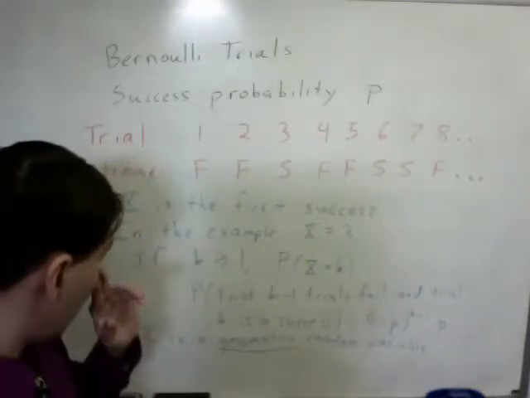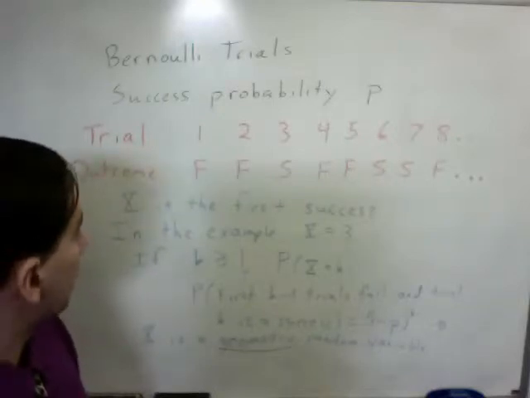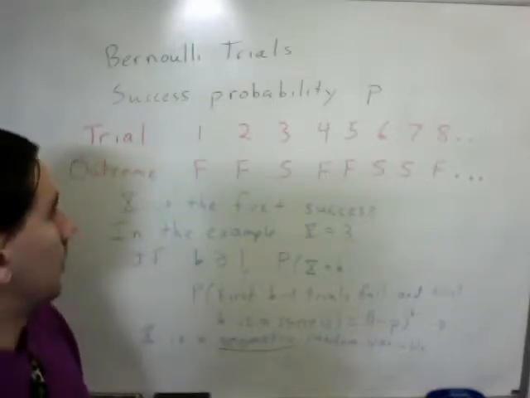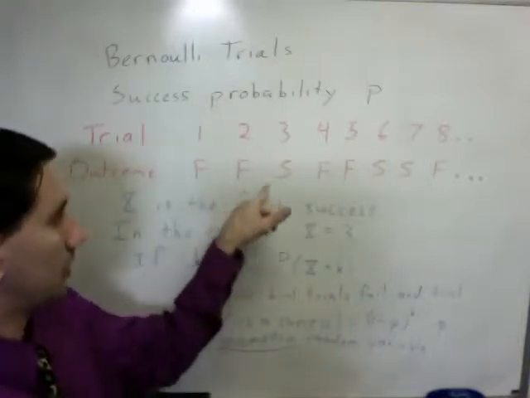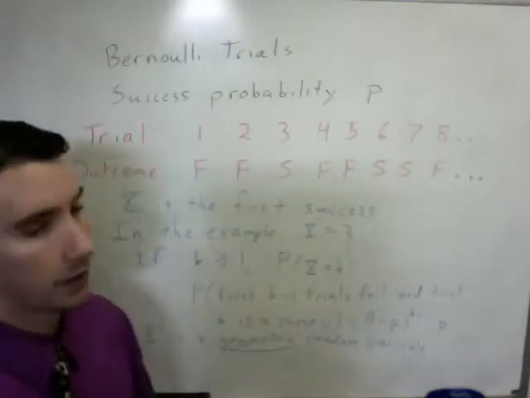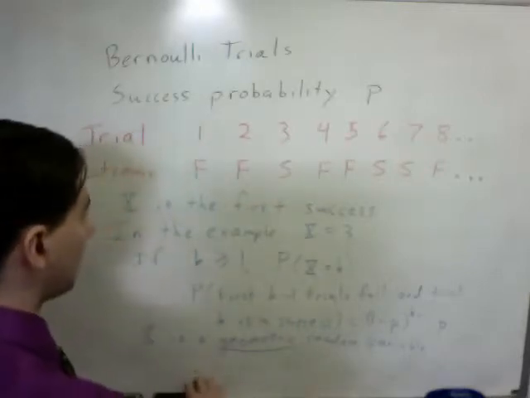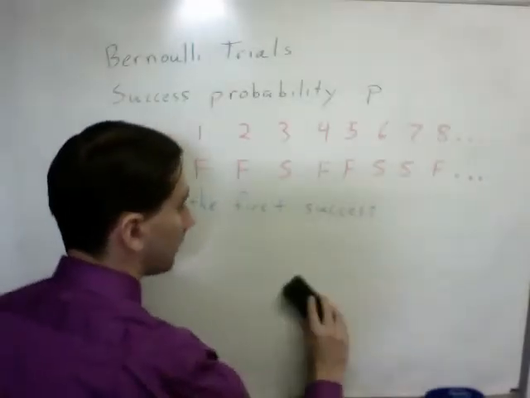Okay, so what's another random variable we're going to look at? The other example I'm going to do in the videos is the negative binomial. So the geometric asks, when is the first success? But the negative binomial asks, when is the rth success? So let's change this a little bit.